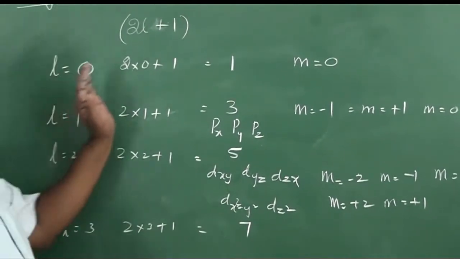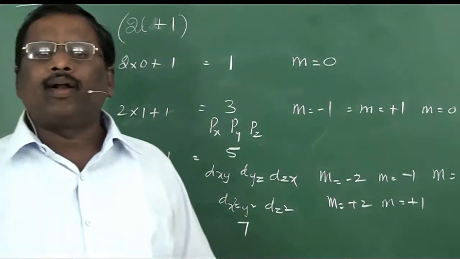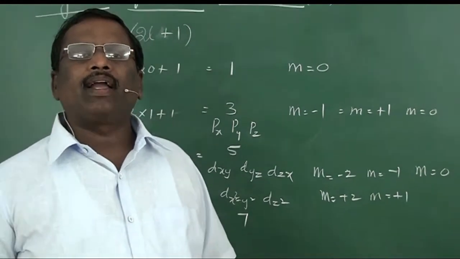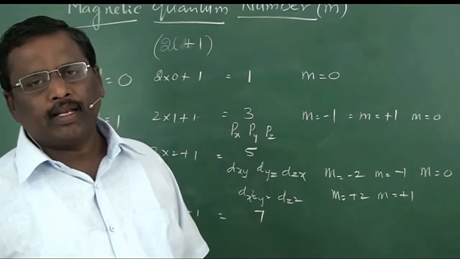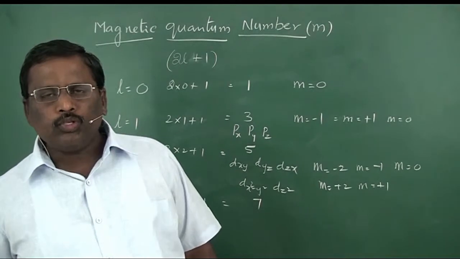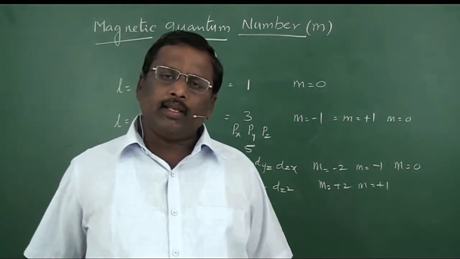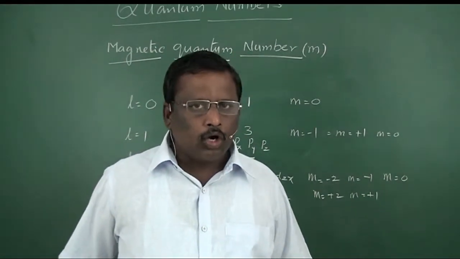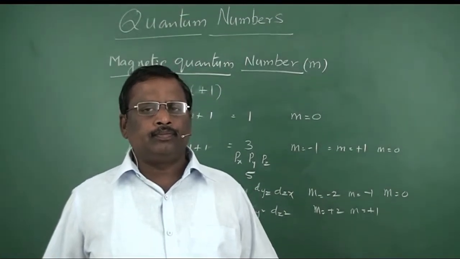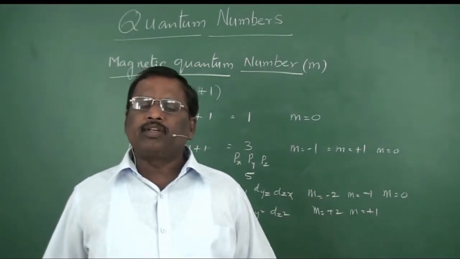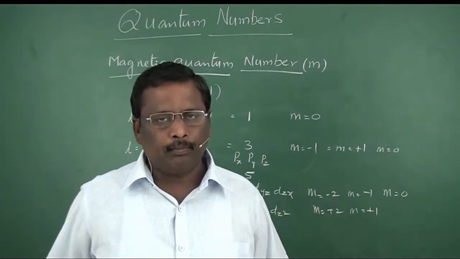So, this is regarding the magnetic quantum number. This magnetic quantum number was proposed by Landé to explain the Zeeman effect and Stark effect. The quantum number is denoted with small m.